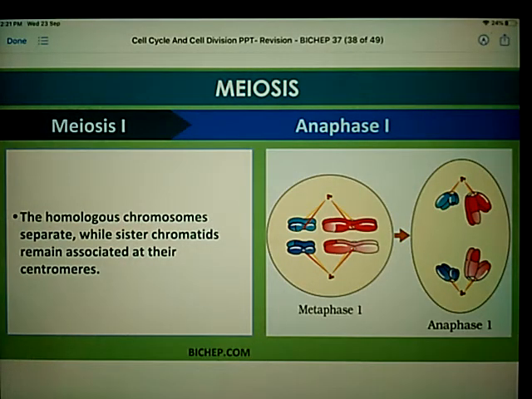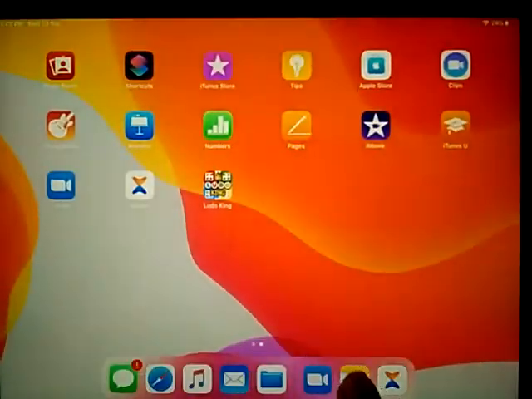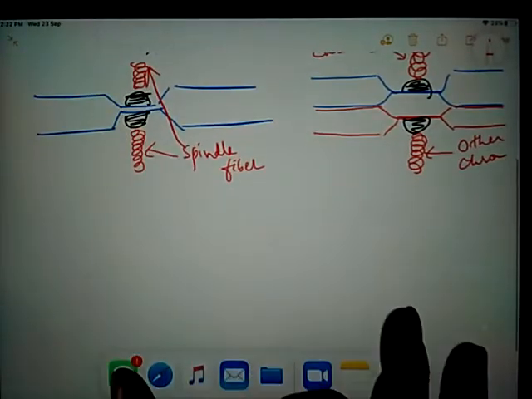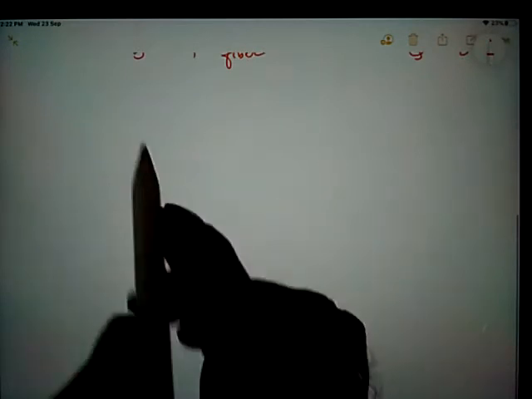Now comes the anaphase, where chromosomes are getting apart from each other. They are moving far away from each other. Let's compare and discuss the anaphase, similarly to what we discussed for the metaphase.